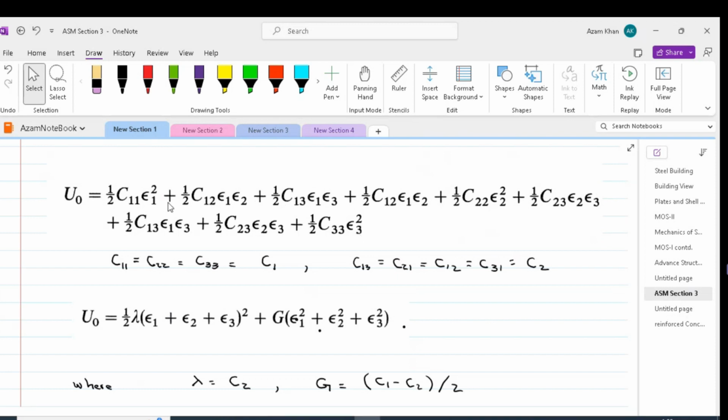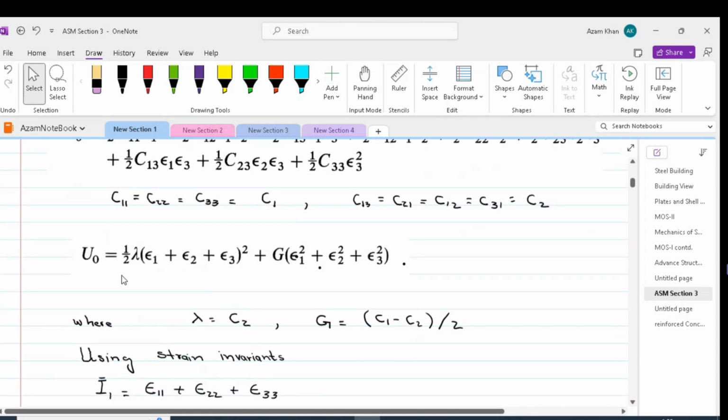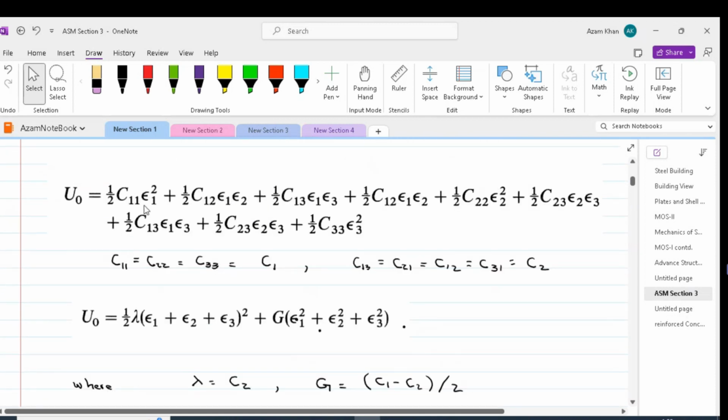After algebraic manipulation, we can get the form of the strain energy density equation for isotropic material as equal to half lambda times (strain 1 plus strain 2 plus strain 3) whole square plus G times (strain 1 square plus strain 2 square plus strain 3 square).